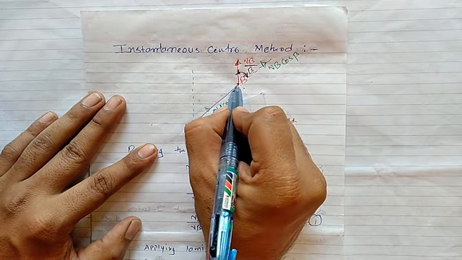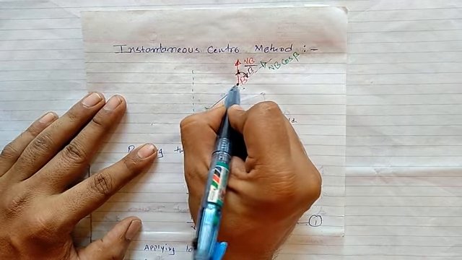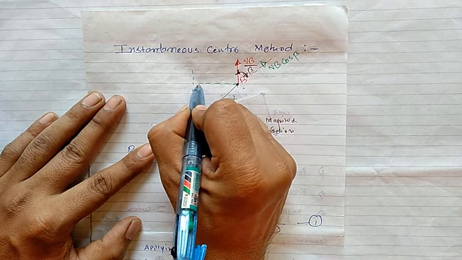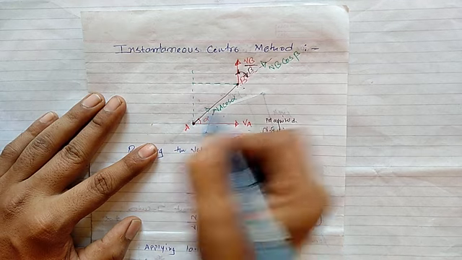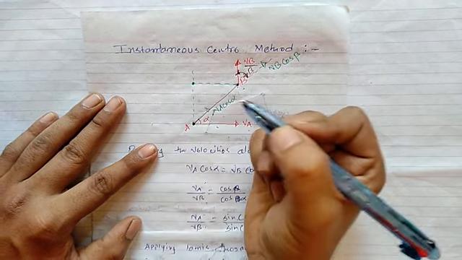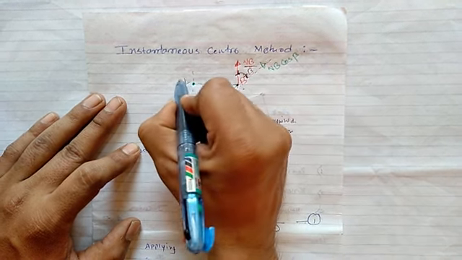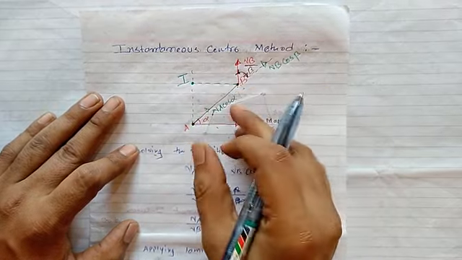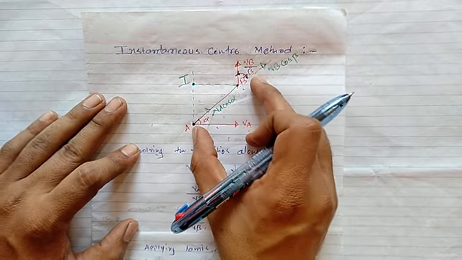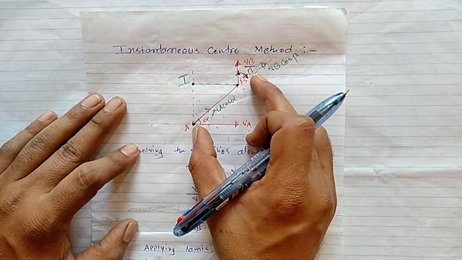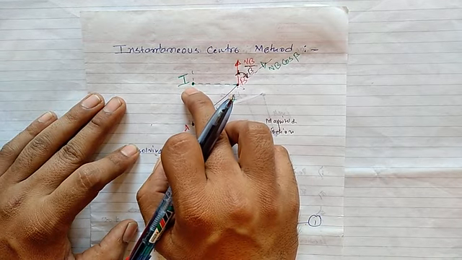Similarly from this point B, because VB is moving vertically upward, a 90-degree line projects here in this manner. After extending those 90-degree lines from point A and point B, we get one point of intersection, and that point of intersection is the instantaneous center of that link AB. About that point this link AB rotates purely, understood? That is the instantaneous center or virtual center.